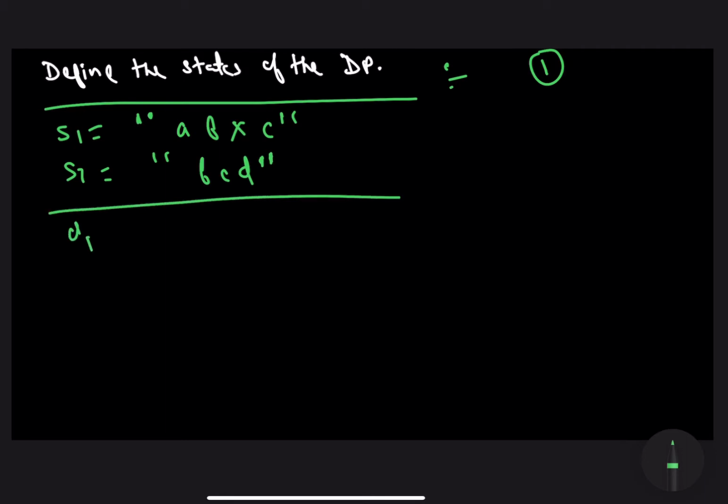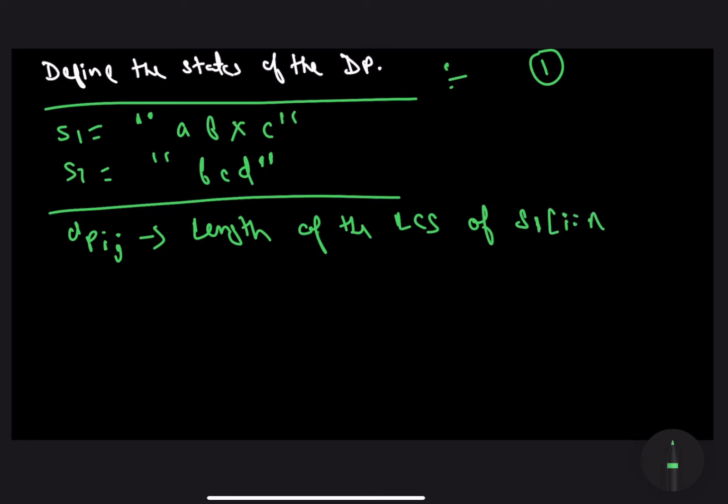So I'm going to define DP of i comma j as nothing but the length of the longest common subsequence of S1 i to n minus 1, where n is the length of the first string.